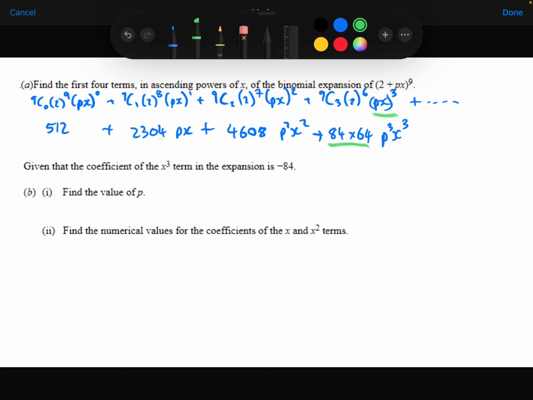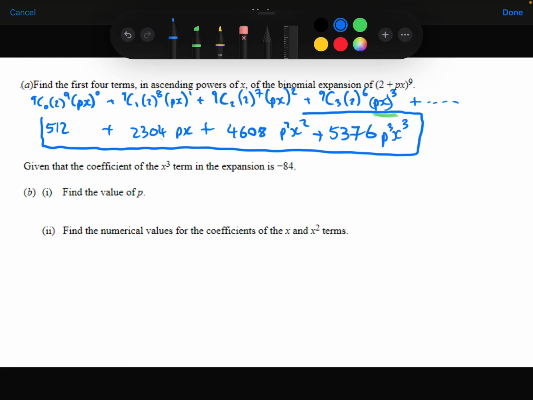The 84 times the 64 is 5,376. And there we go. Those are the first four terms of that expansion in terms of p.